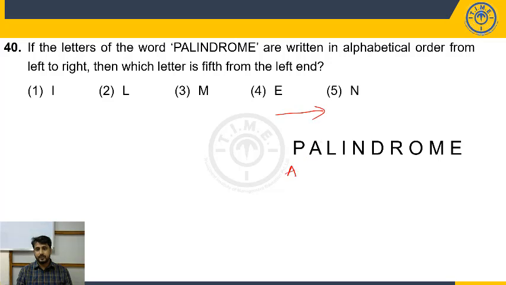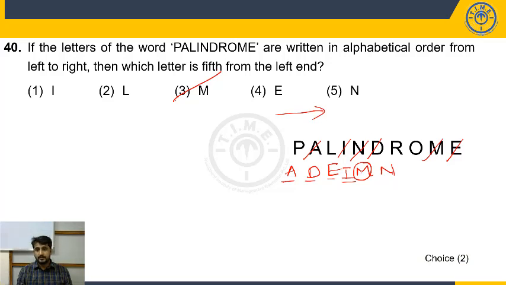A. In the remaining letters, next to come is D. Next to come is E. Please strike off those letters. Next to come is I. Next to come is M. Next to come is N. And they are asking for the fifth from the left hand. 1, 2, 3, 4, 5. Fifth from the left hand is M. Choice 3.